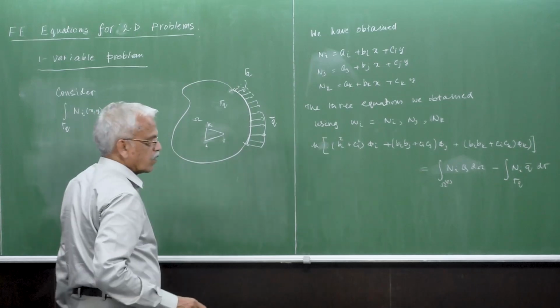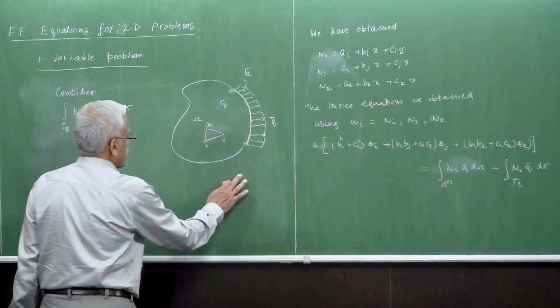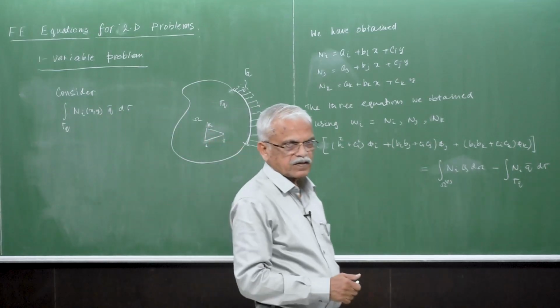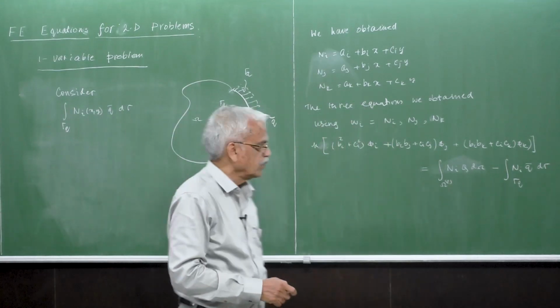If you recall, what will be the shape of the function here on gamma q?